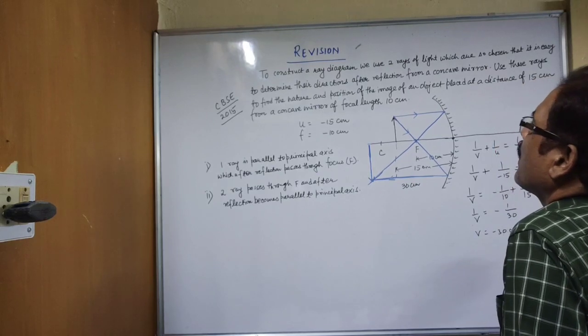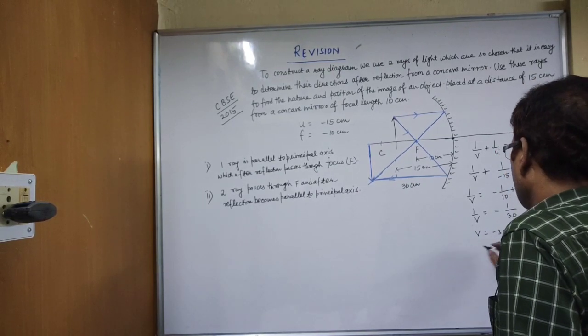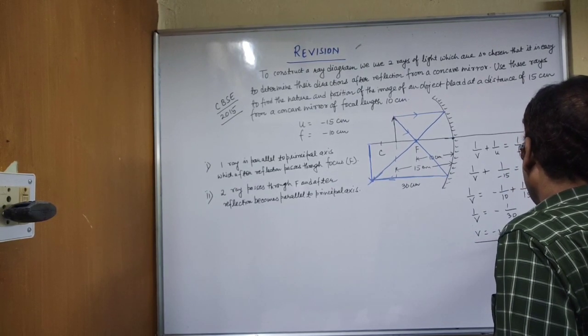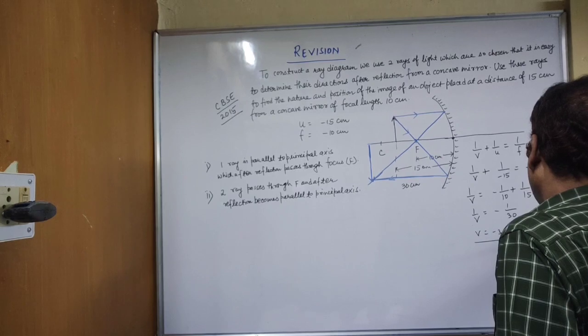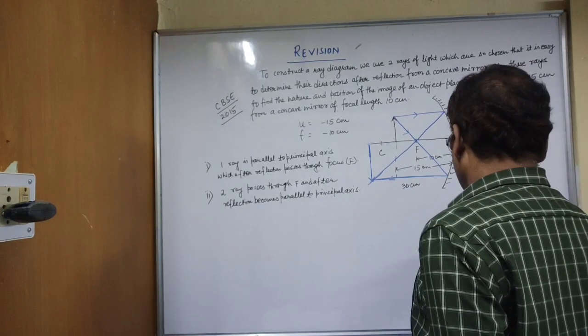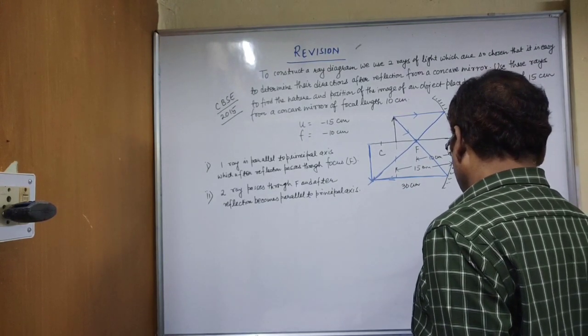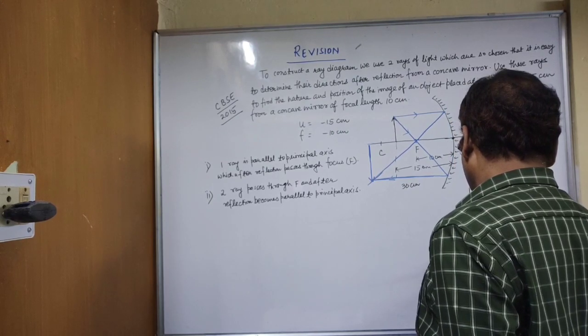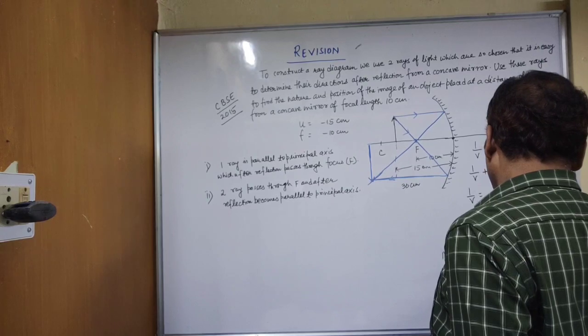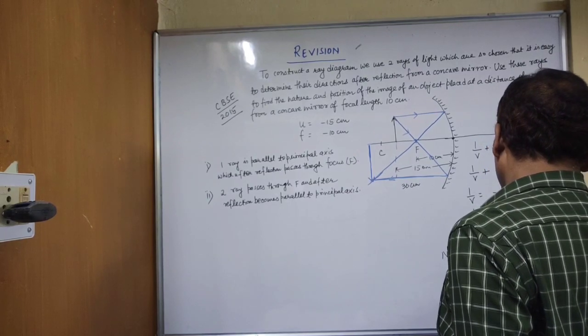So what can we say about the nature and position of the image? v represents position. So the image will be formed at a distance of 30 centimeter from the mirror, and the nature is real and inverted.